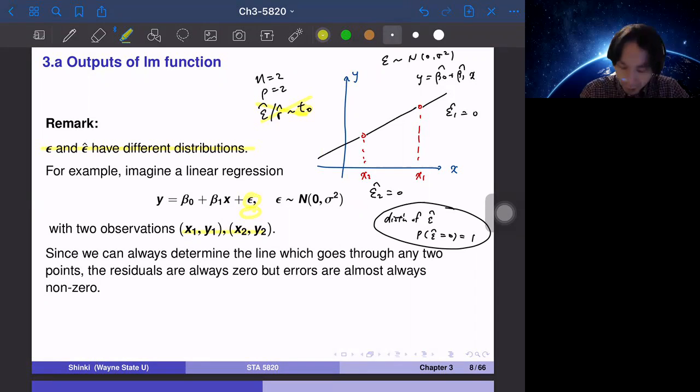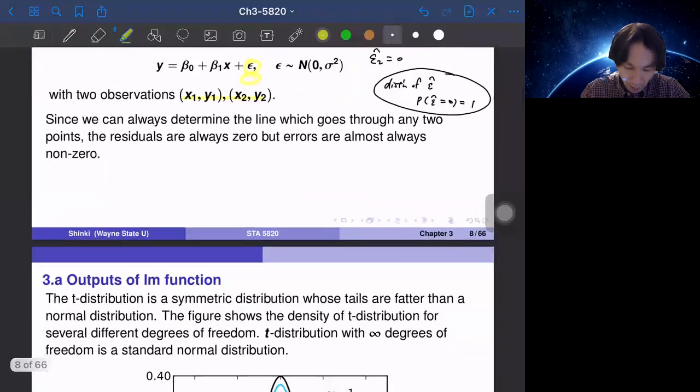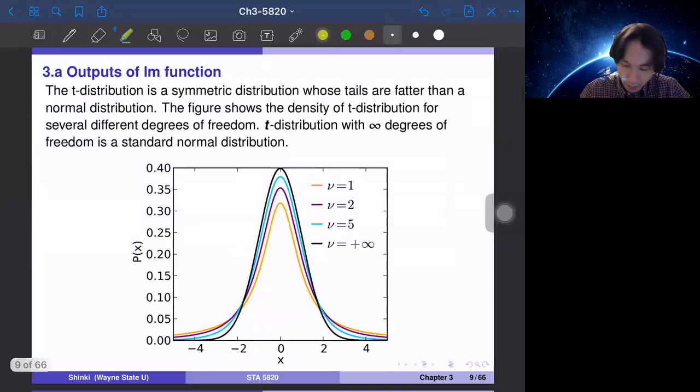Do you have any questions so far? Okay. So this is the t distribution.